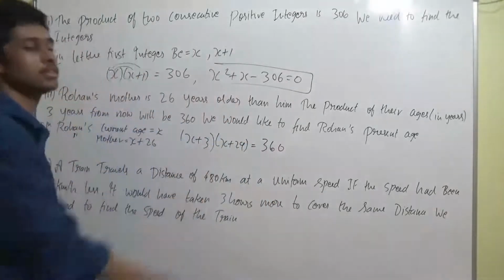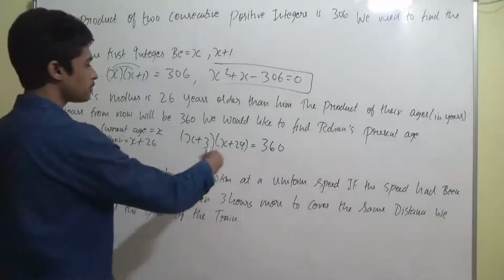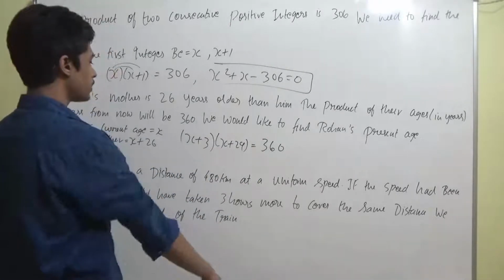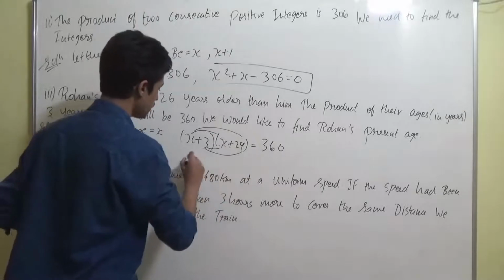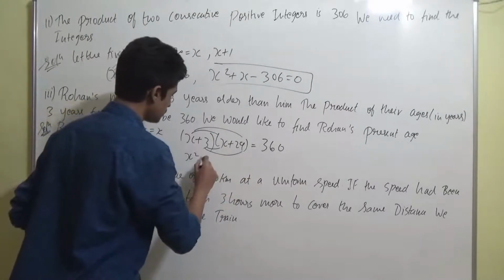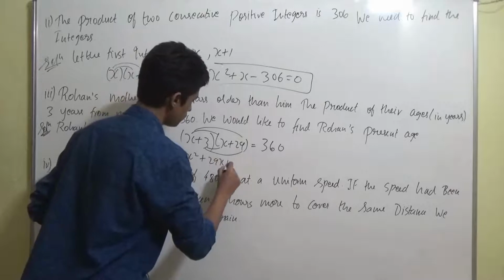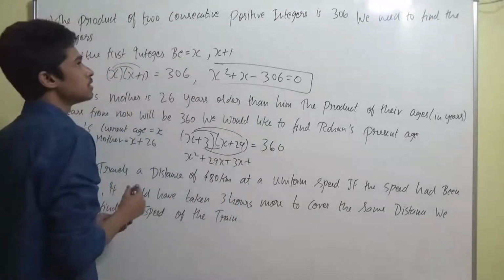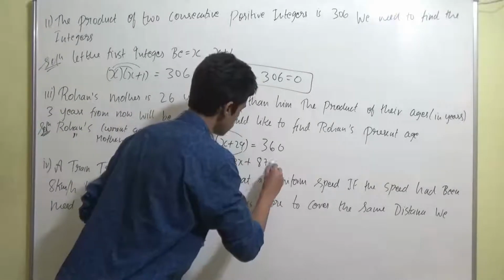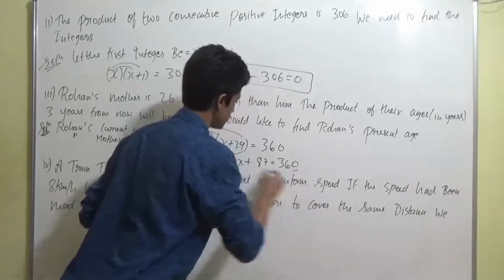Okay, guys, so this is the formula. Now we have to expand this to get the final equation. So we will do the multiplication, right? This will become x square plus 29x plus 3x plus 3 into 29 is 87 equal to 360. Correct?